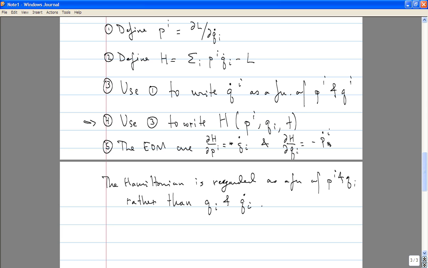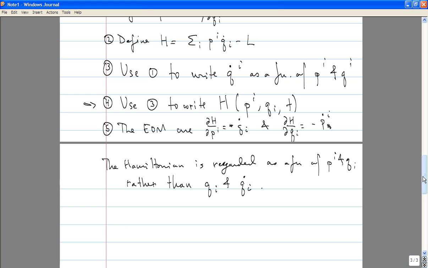So why is this a nice thing to do? The first comment that I would like to make, so any questions before I continue? The first comment that I would like to make is that this formulation is completely equivalent to the Lagrangian formulation.